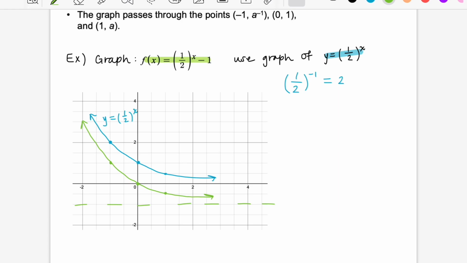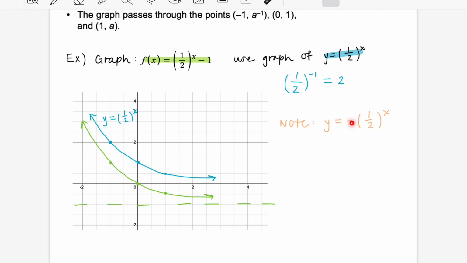All right, and then something else I wanted to mention too. So far, we've only seen horizontal and vertical translations. We can also do this if we had reflections here. So if we had a function that looks like this here, we can graph it by again using our parent function here, y is equal to 1/2 to the x.